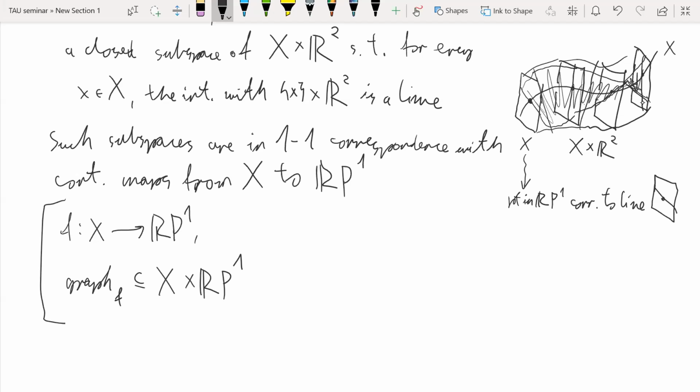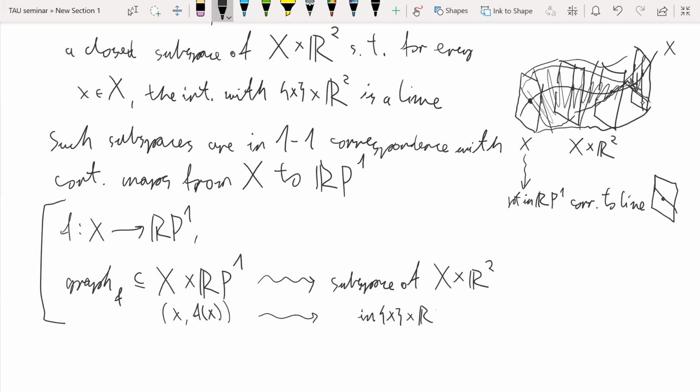So given such a graph of a function, we could also use this graph to construct a subspace of X cross R squared, where if we have a point (x, f(x)) here, then this will correspond to the line in X cross R squared corresponding to f(x).